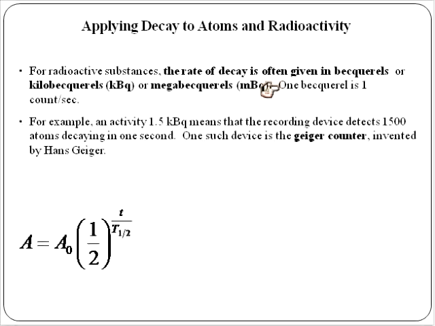So for example, if you have a count of 1.5 kilobecquerel, that means that some recording device has detected 1,500 atoms, or nuclei, decaying every second. One device that can measure that is a Geiger counter, which you've probably heard of before. That was invented by a German by the name of Hans Geiger.